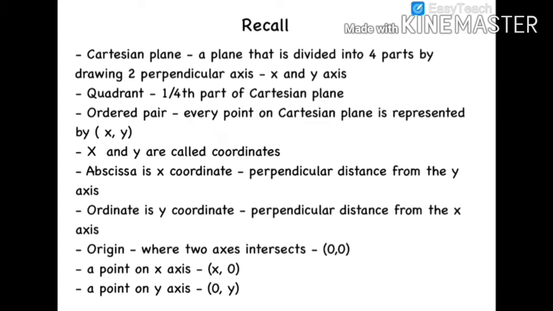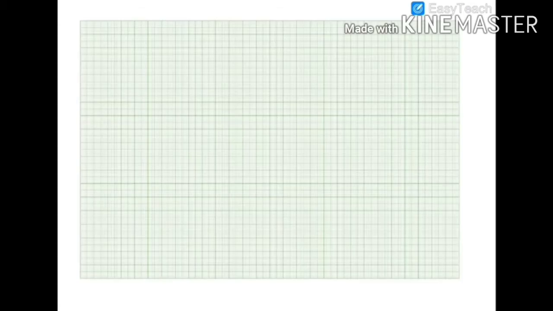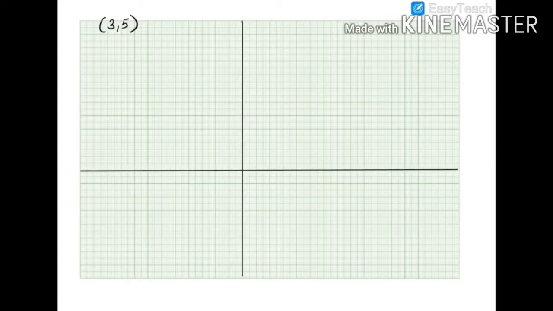So let's understand how we can plot a point on Cartesian plane when its coordinates are given. So let's say we want to plot point 3, 5. So on the graph paper we will draw 2 perpendicular axes. The horizontal axis is labeled as x dash x and the vertical axis will be labeled as y dash.